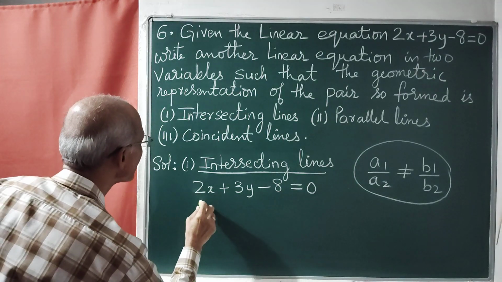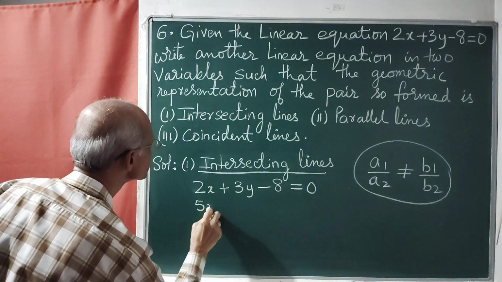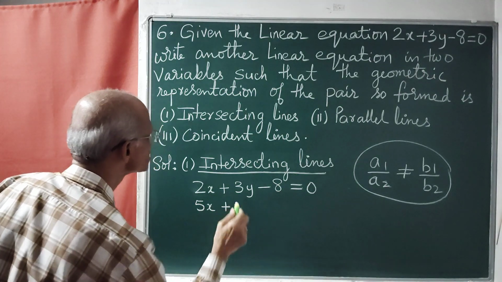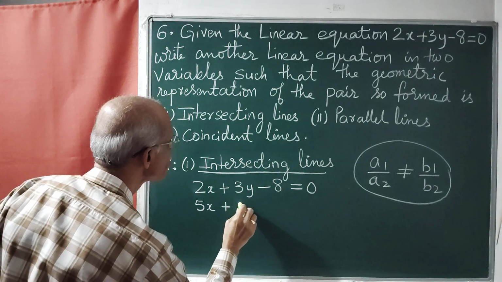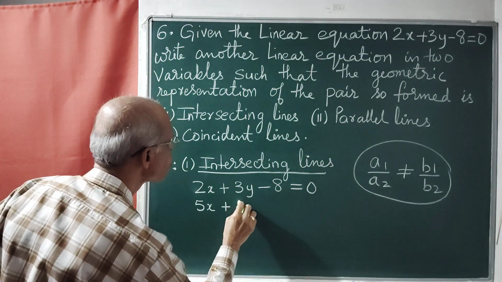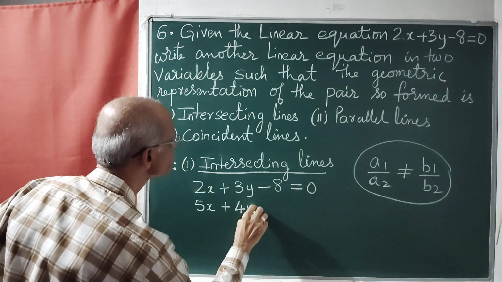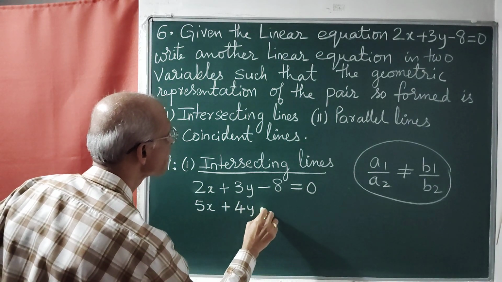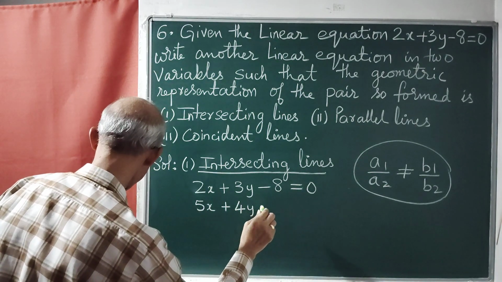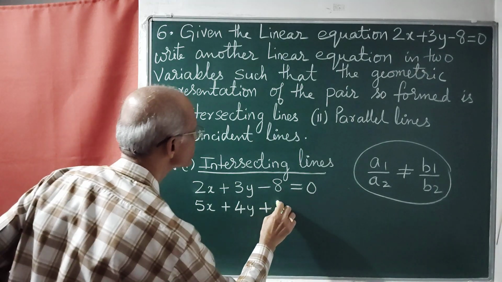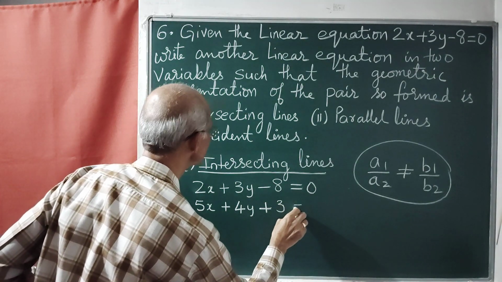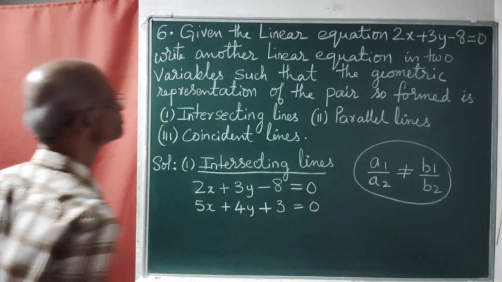So I'll put here 5x plus 4y plus 3 equal to 0.